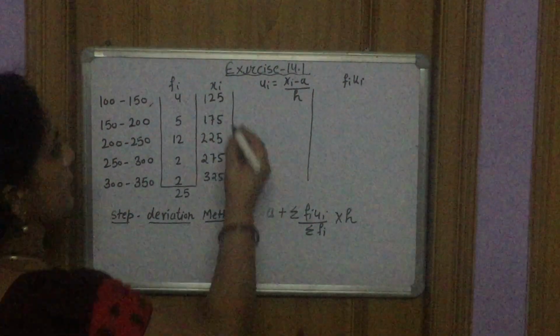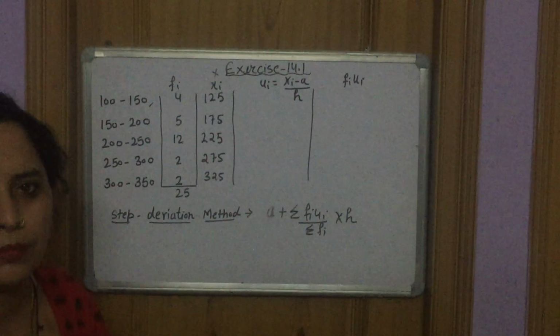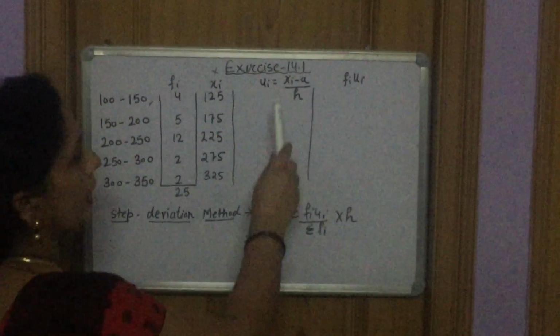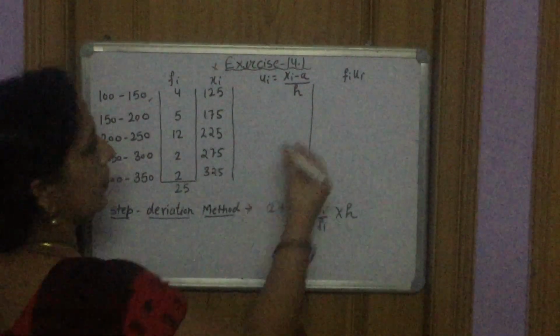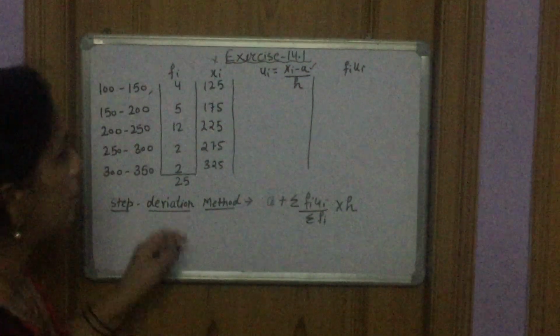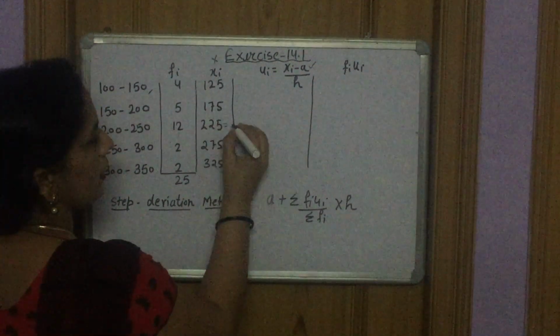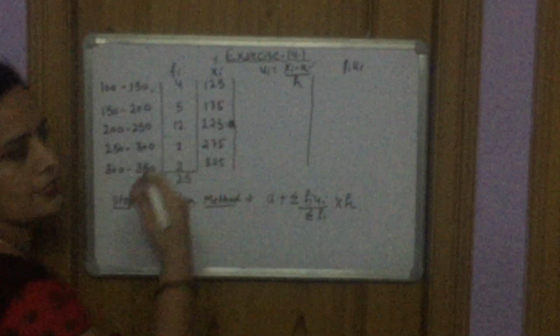So we will skip this column and we will form the next column, that is ui, and the formula of ui is xi minus a divided by h. What is a here? A is the mid value of this interval. So a will be called the assumed mean, which will be the mid value of xi.